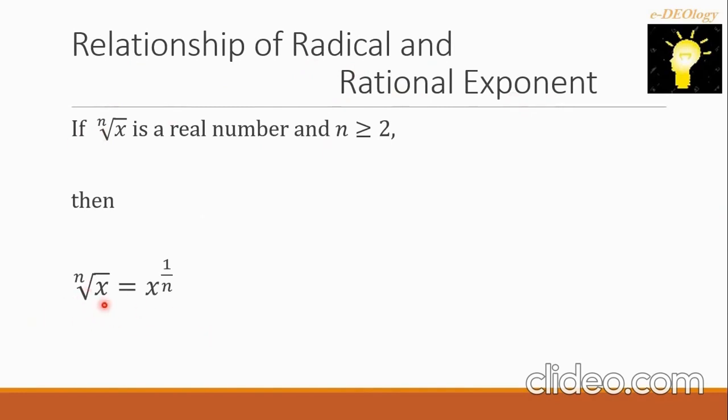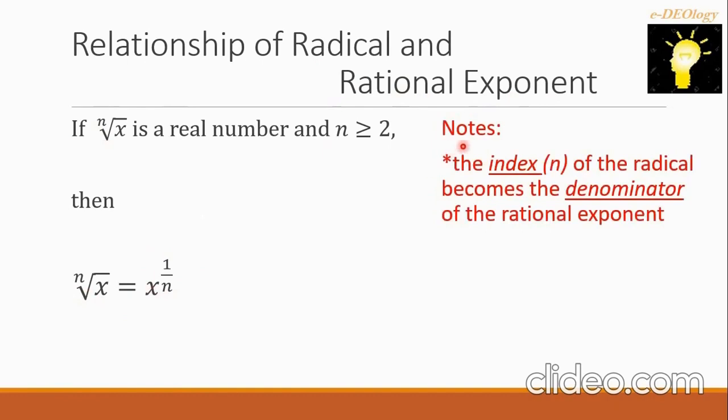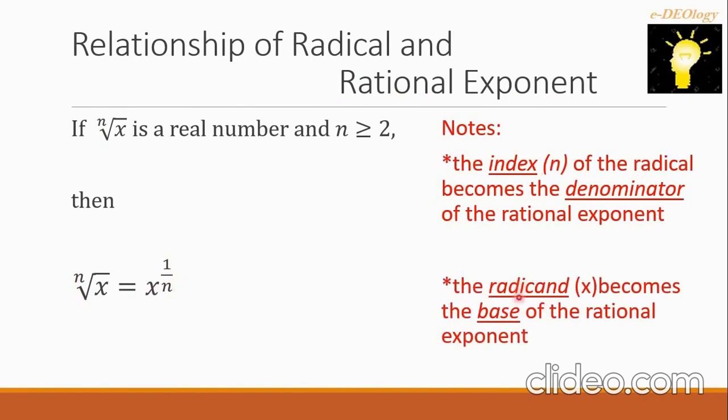So the nth root of x equals x raised to a rational exponent. We have a note here: the index, the n, of the radical becomes the denominator of the rational exponent. Next, the radicand, the x, becomes the base of the rational exponent.